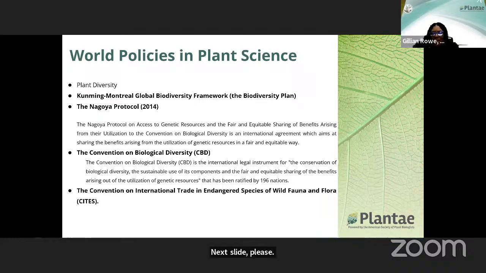We compiled a list of some of the world policies in plant science that we found were relevant to plant science researchers and plant biologists. Some of these include the Nagoya Protocol, the Convention on Biological Diversity, and the Convention on International Trade in Endangered Species of Wild Fauna and Flora, CITES.